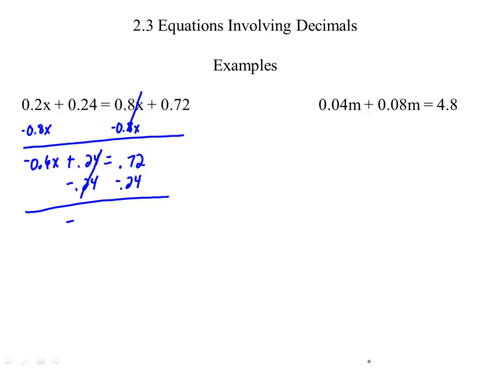So we'll have negative 0.6x is equal to positive 48. And then if we divide both sides by negative 0.6, you're going to get x is equal to what?